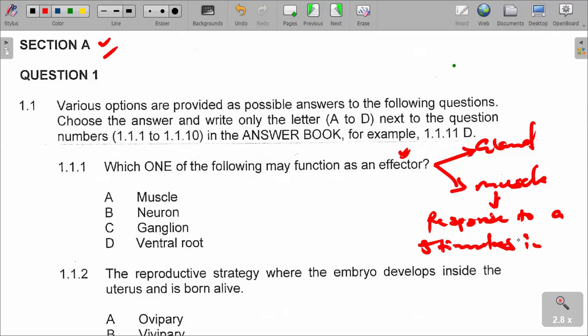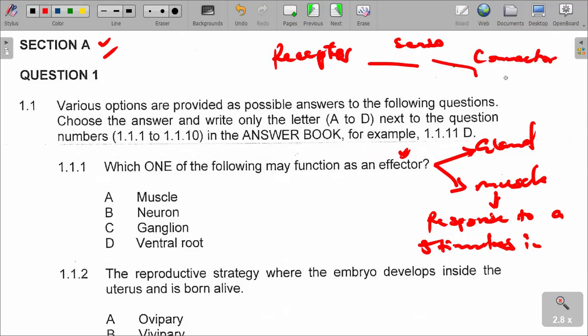In a reflex pathway, we have the receptor, which starts this neural pathway. We go into the sensory neuron, then through the connector inside the spinal cord, where we have a synapse.